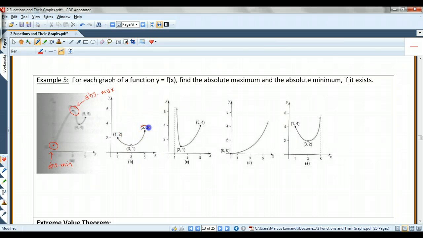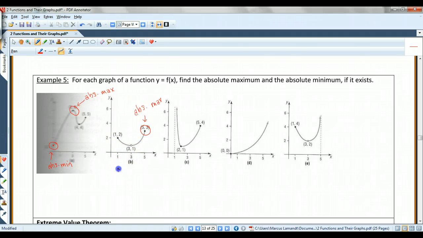This is a valley, so it's a local minimum, but the absolute lowest point is way down here. Okay? Over here, this is the absolute max. And this one, it does not hit this point here. It just keeps going closer and closer and closer to this point, but it's actually undefined. It's discontinuous at this point.